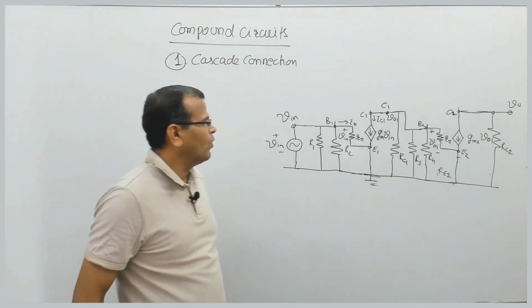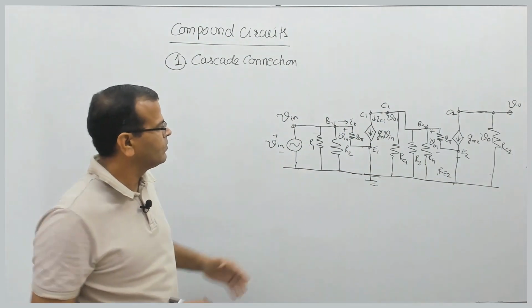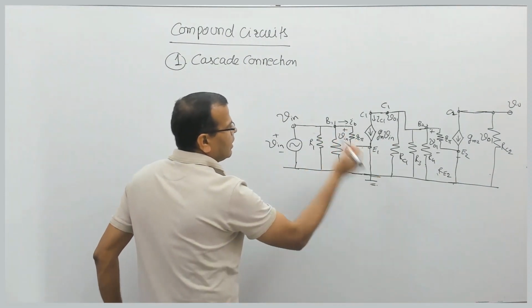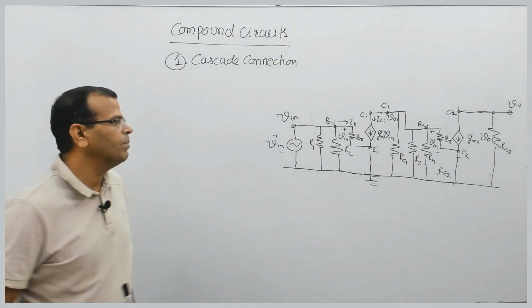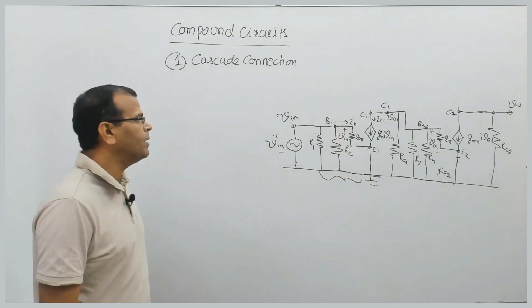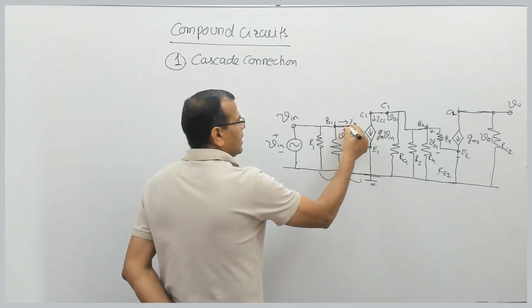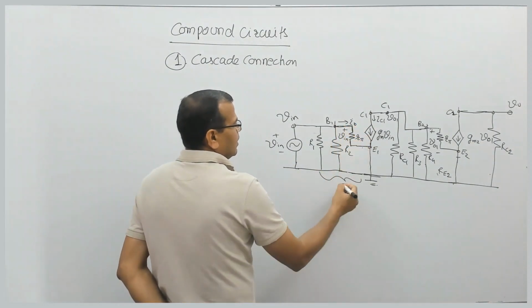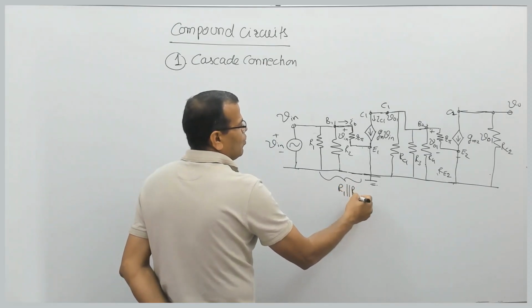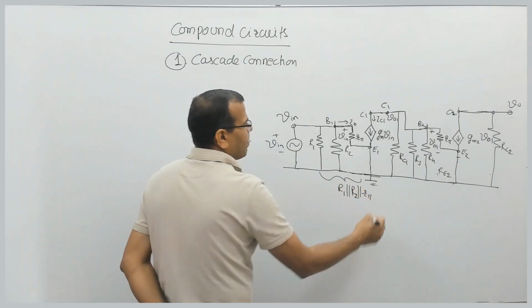Fine. Now see it carefully from here. This resistance, and this resistance, all three resistances are in parallel. I repeat, please see it carefully. This resistance is the parallel combination of R1, R2 and R pi.